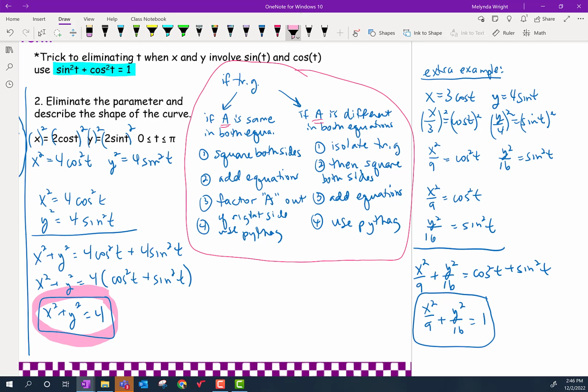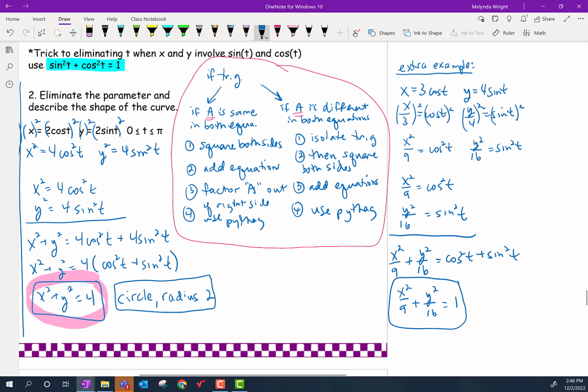We would have seen that in polar when we were working with polar. So this is a circle. The radius is 2, and we don't need to know that. Again, we're going to get much more into details of these objects after the break. But that's a circle of radius 2.